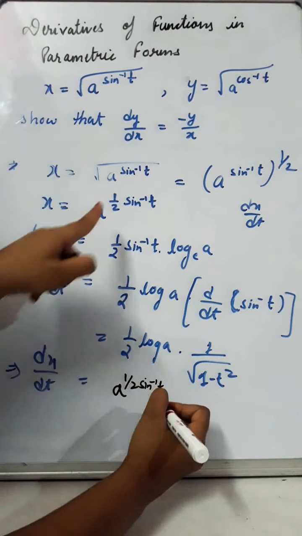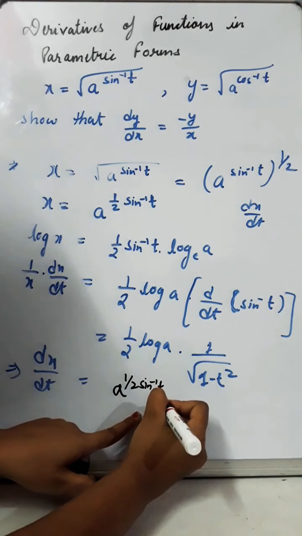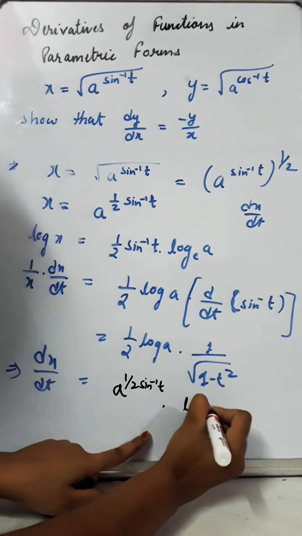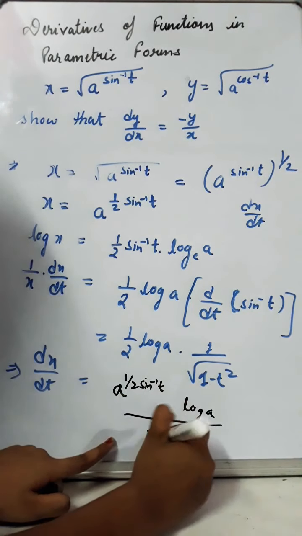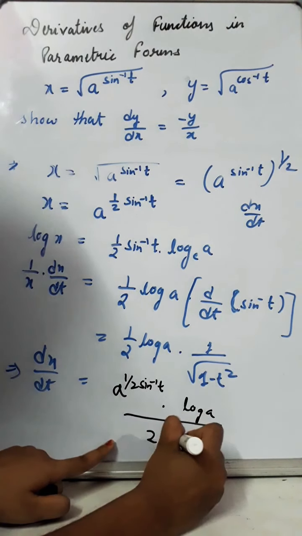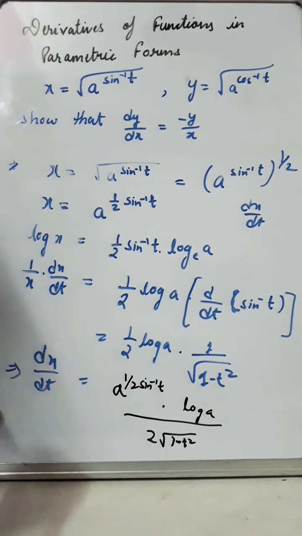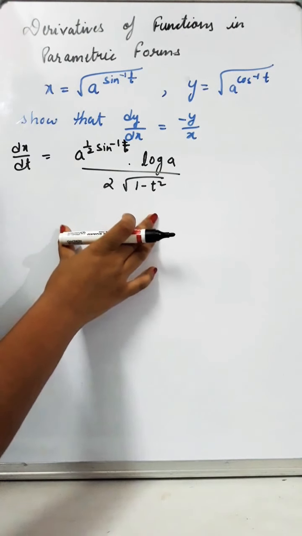That is, a to the power 1 by 2 sin inverse t into log a whole upon 2 under root 1 minus t square. So this is your dx dt. Similarly, you will find dy dt also. You see, this was the conventional method to find dx dt.